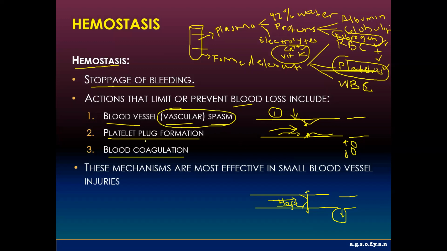The second process is called the platelet plaque formation. It is done by these platelets. So the platelets that we have in our blood, which are part of the blood components, will go to this area and plug the holes, the leak on the blood vessel.